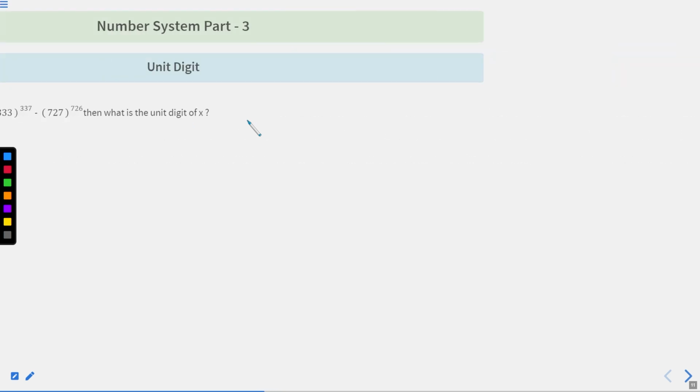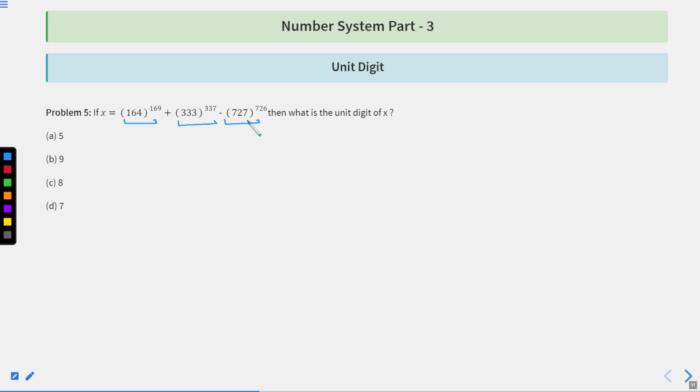When you divide the power 169 by 4, you will get some remainder, correct? According to that remainder, you identify the unit digit. Similarly, for 313 to the power 337, divide 337 by 4, obtain a remainder, and find the unit digit for that remainder.